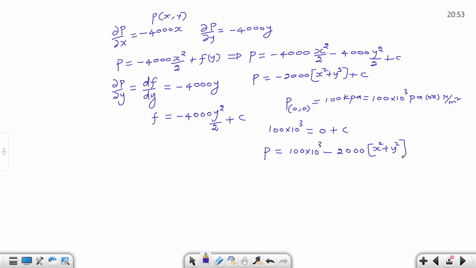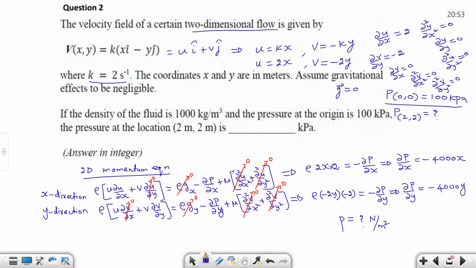Now what you want is the pressure at location 2, 2. So we get the pressure at 2, 2, that is X equal to 2, Y equal to 2.